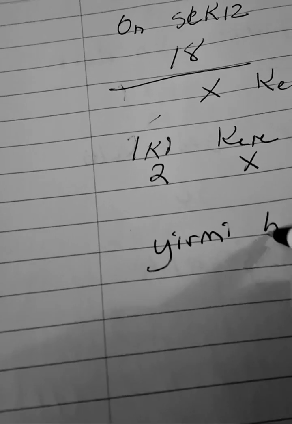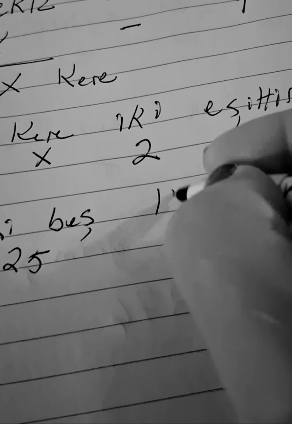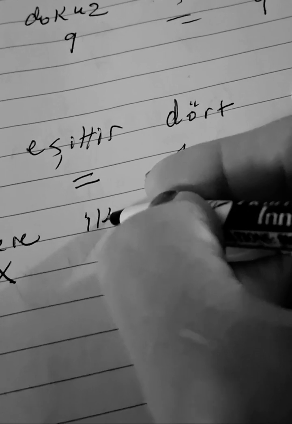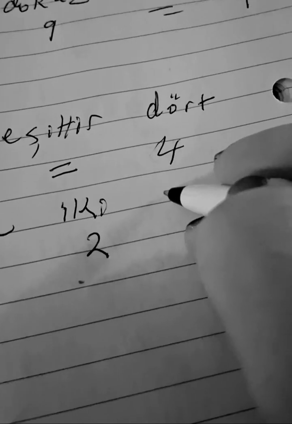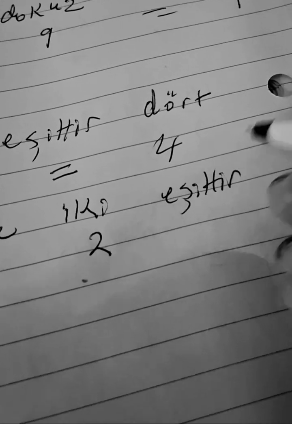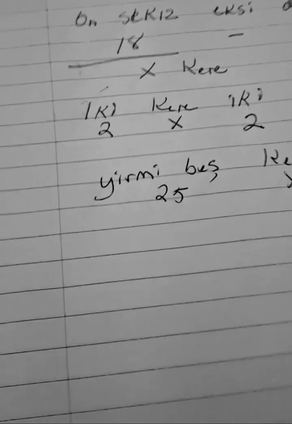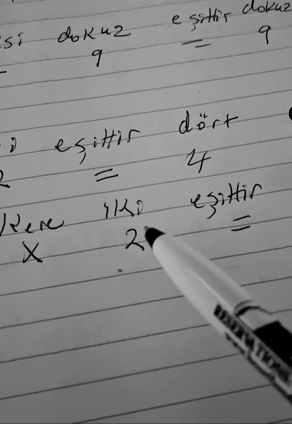All right, let's try this. 25 kere 2 eşittir 50. So 25 times 2 equals 50.